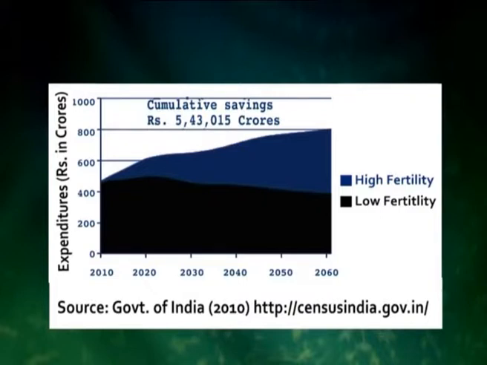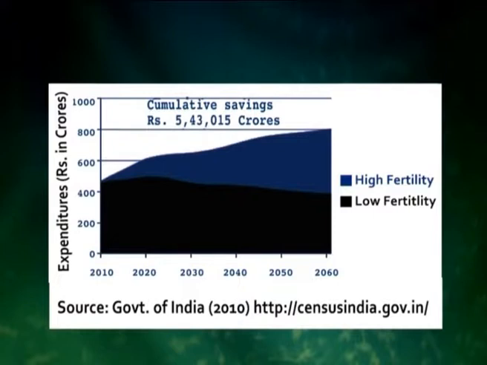The figure clearly shows that total expenditure on primary education is declining in case of low fertility scenario, while it is increasing in case of high fertility scenario.